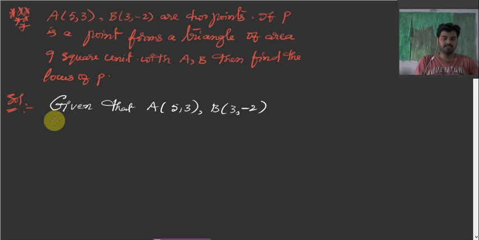So that's why we can take, let the point P coordinates be (x1, y1), a point on the locus.